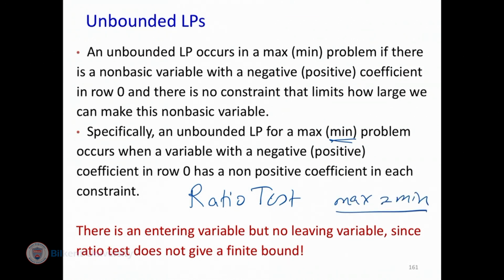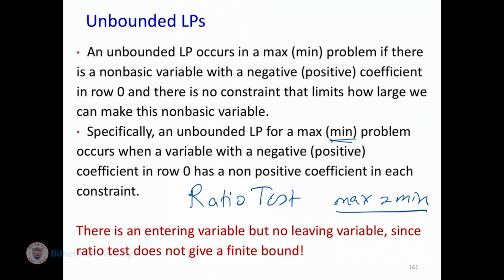All right, because remember, what is the ratio test doing? The ratio test tells me how much I can move along the direction of the entering variable without leaving the feasible region. So it doesn't matter whether we are doing min or max. Again, you still want to be within your framework or the feasible region. You don't want to leave the feasible region. Then that's exactly what the ratio test is telling you.